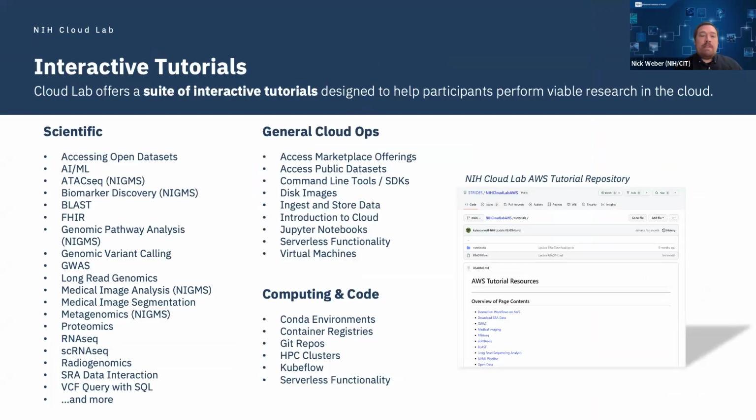One of the major benefits, I think, of Cloud Lab, and this is a testament to our team who you see here, Thad, Ante, others here at NIH, as well as partners, which we'll talk about here briefly, is that there are many rich interactive tutorials that are not only geared toward, okay, here's how you set things up in the cloud, but really that teach the biomedical research, the examples of doing genomics analysis or RNA-seq, or the host of things that you see on the left, including AI/ML and generative AI capabilities, OpenAI and ChatGPT tutorials that exist to be able to test out in the Cloud Lab.